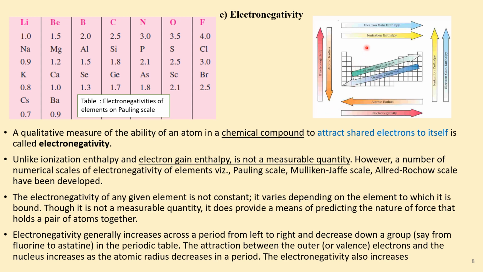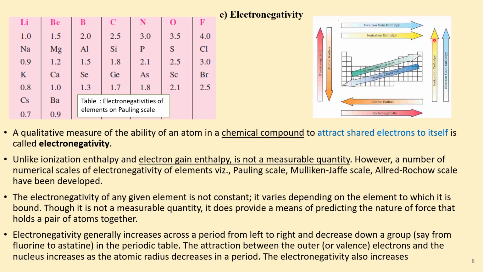Then ionization enthalpy increases from left to right, and decreases from top to bottom or increases from bottom to top.